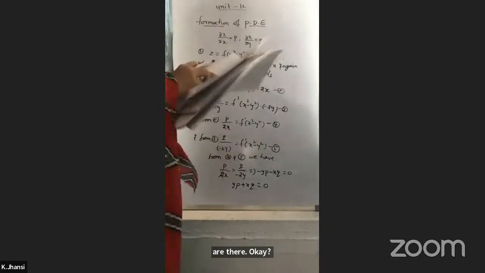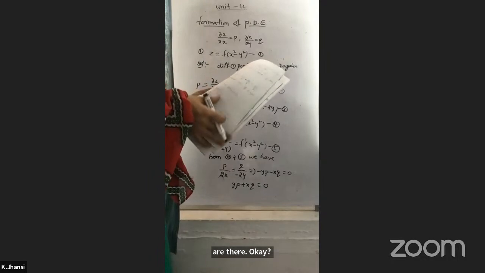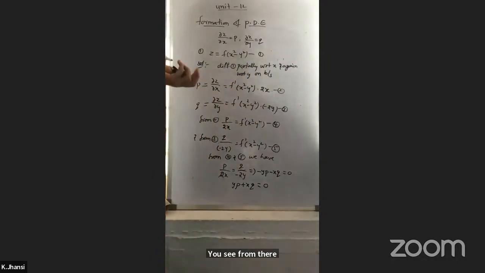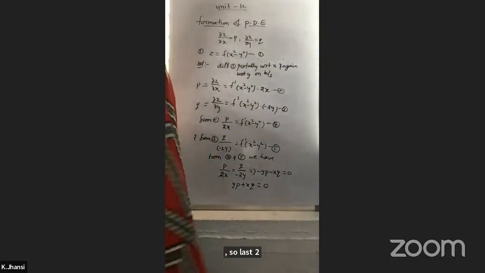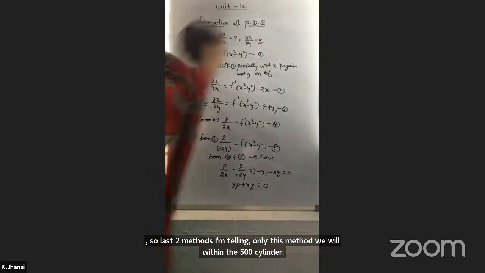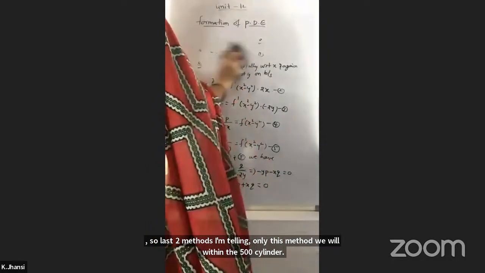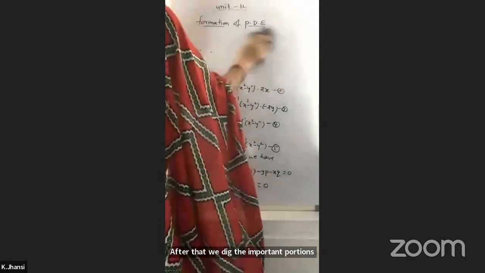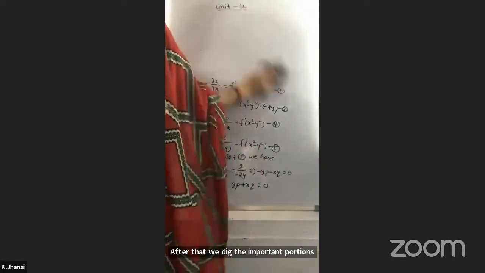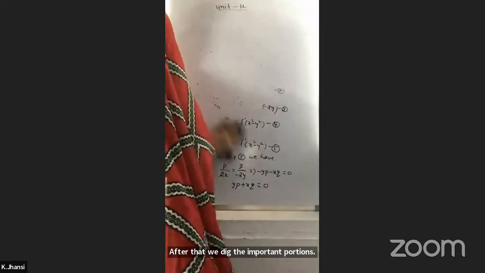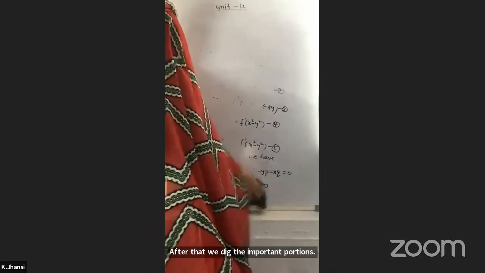Already it is 11:20. So the last method, I am telling only Lagrange's method. Within 5 minutes I will tell. After that we'll take the important questions. So almost in each and every block we have seen the 10 marks and the 5 marks questions.